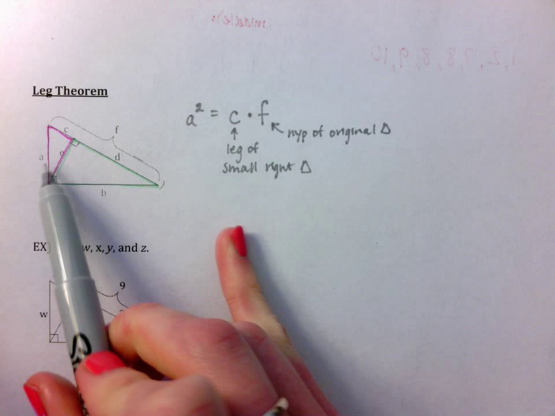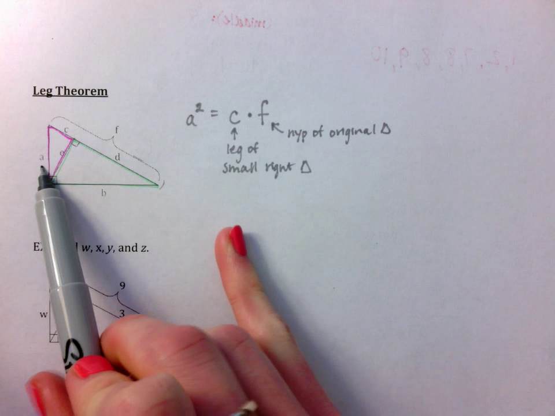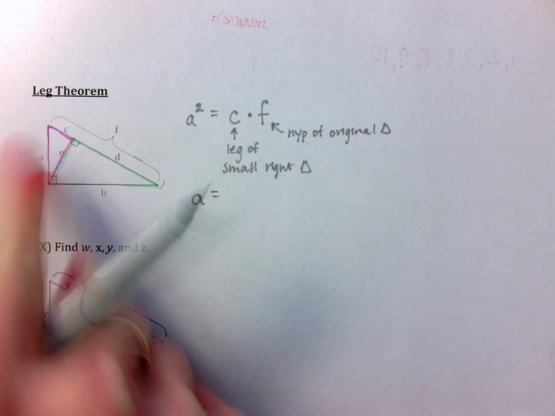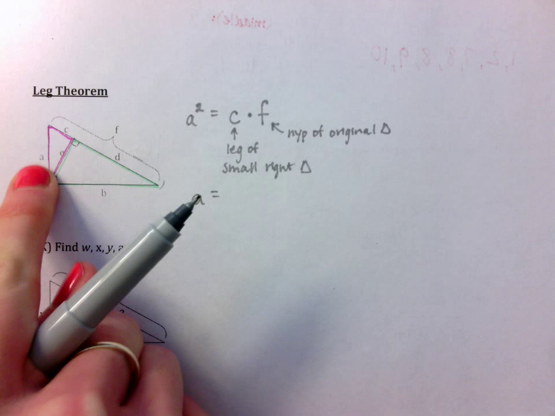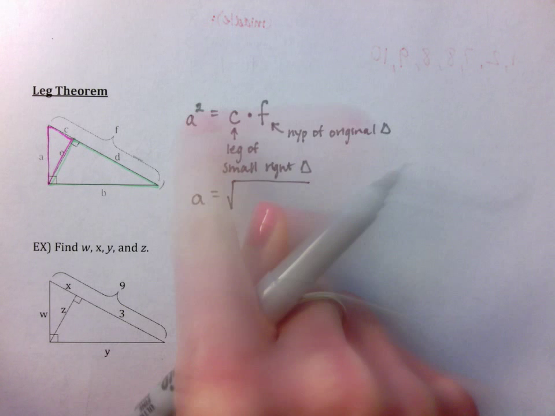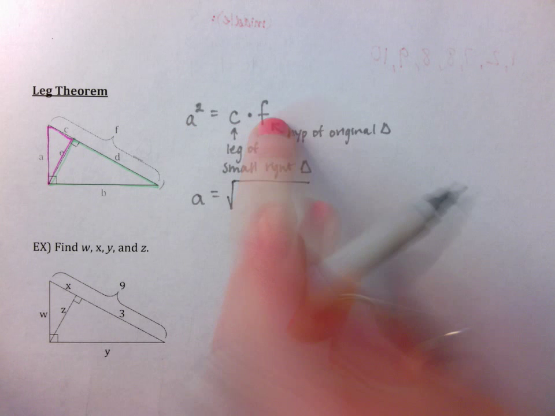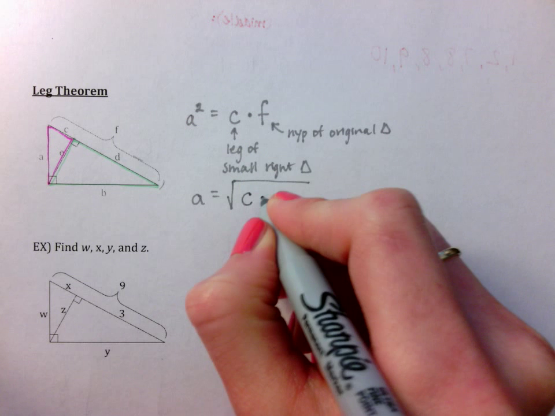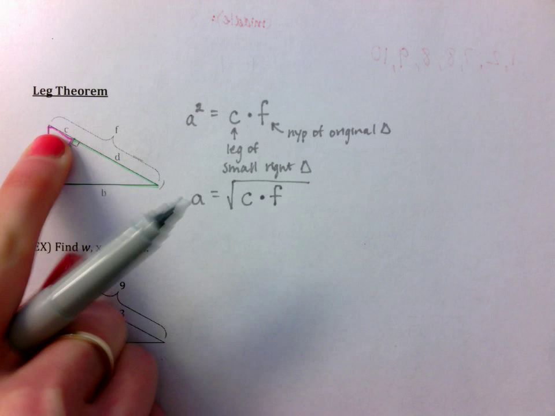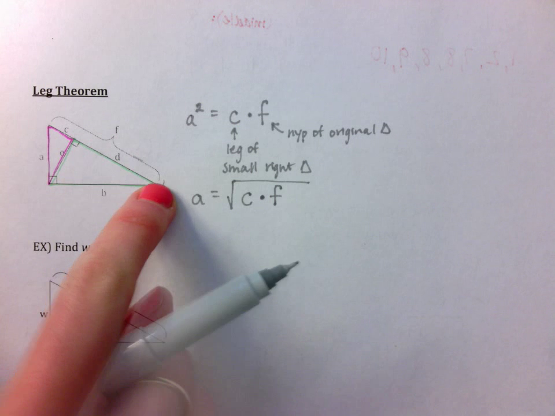And then if we want to find A, we can take the square root. So in other words, the hypotenuse of one of the smaller triangles formed is equal to the geometric mean. So if we square rooted both sides here, that's where this is coming from.